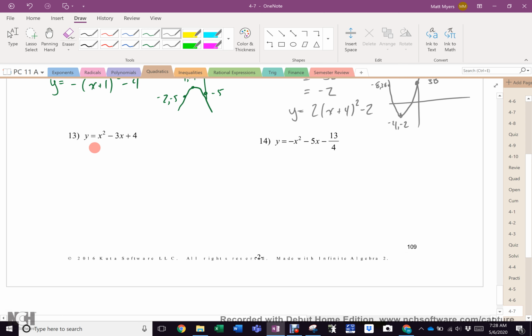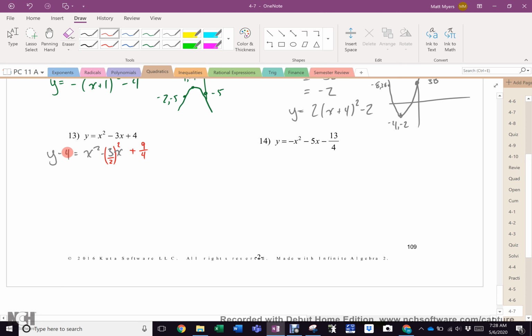And last two, y minus 4 equals x squared minus 3x. Now, this one's tricky because it's got a fraction. No matter what, it's going to have a fraction. So I'm going to do this one with completing the square. When I divide that by 2 and square it, I get 9/4.